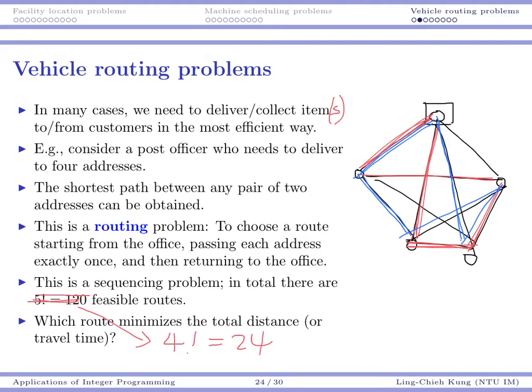Okay, 24 is not a very large number, but if you have 10 destinations or 20 destinations, then the total possibilities is huge. Okay, so again, this problem can or cannot be solved in polynomial time. You probably know it, you probably don't know it, but we just want to use integer programs to solve it.